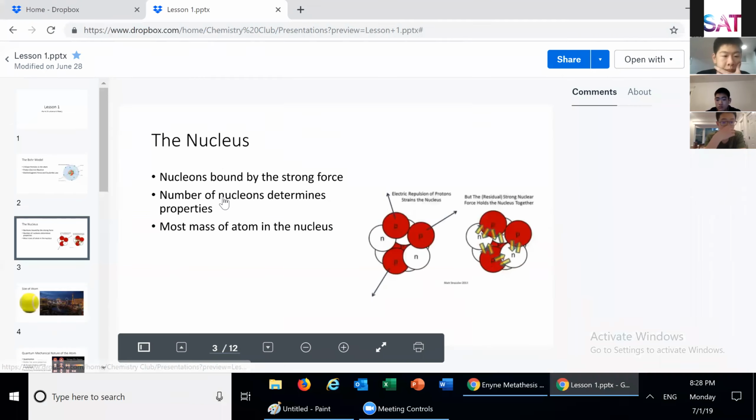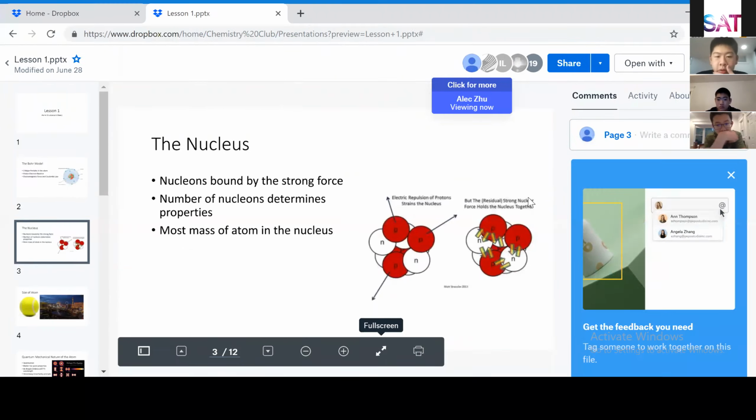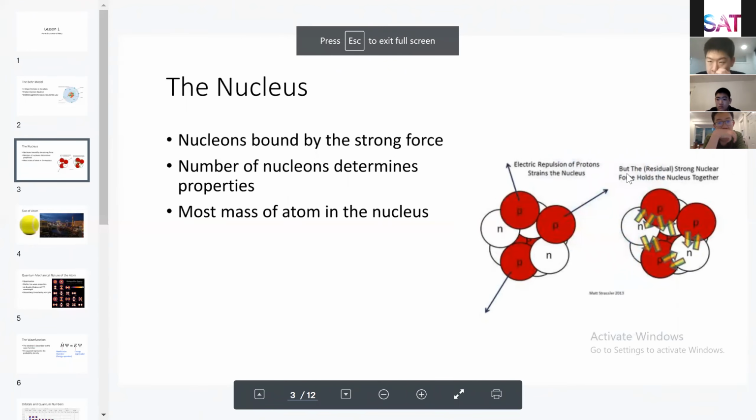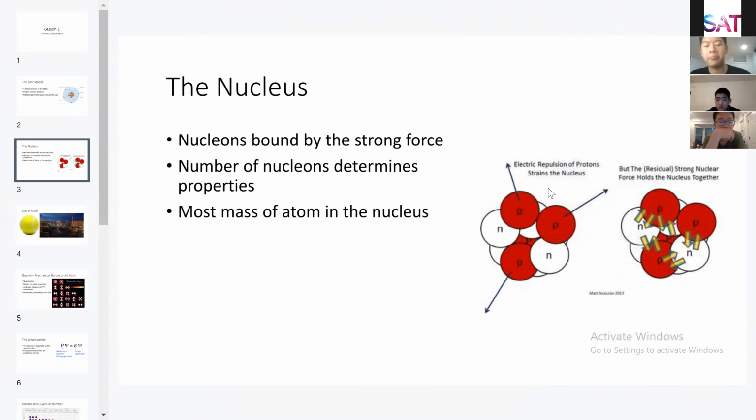Okay. So let's talk about the nucleus for a minute. Knowing Coulomb, you know that opposite charges attract and that the same charges repel, right? So you might be wondering, how does the nucleus actually stay together, since we have all of these protons together in the same area, which are all repelling each other.